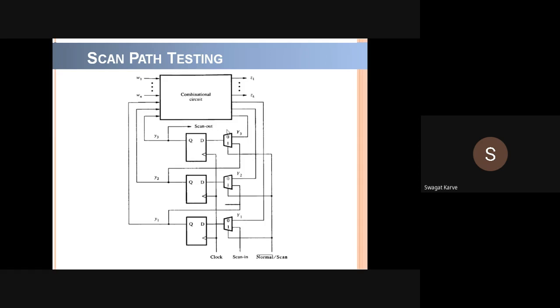In these three steps, we are conducting this scan path testing.